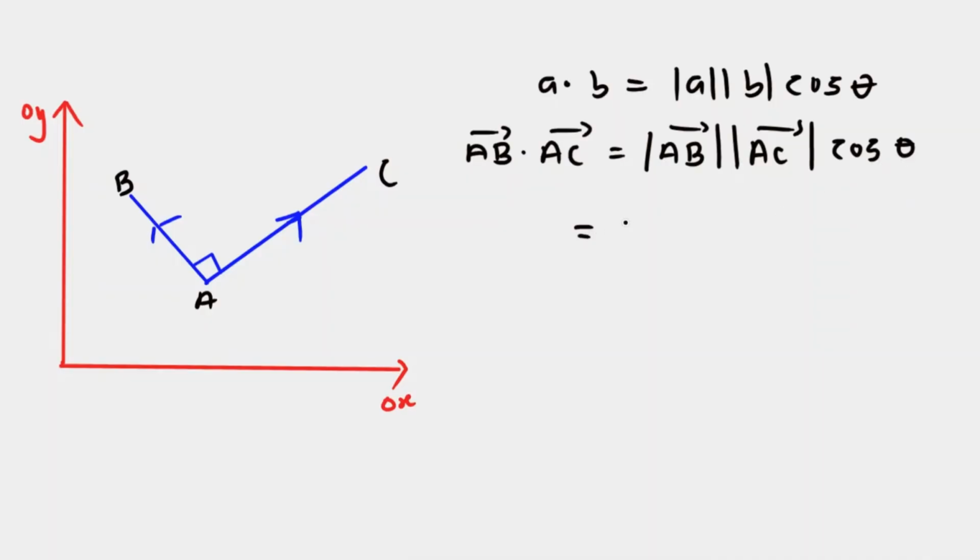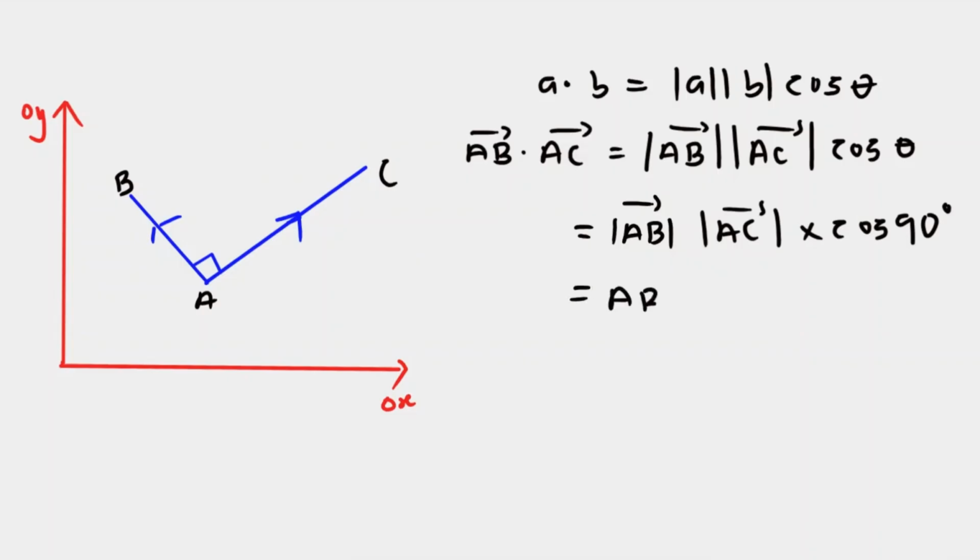So we are going to get the magnitude of vector AB times the magnitude of vector AC times cos 90 degrees. The reason is that the angle here is 90. You know that cos 90 is equal to 0. You can use a calculator to verify. So that means you're going to get the magnitude of vector AB times the magnitude of vector AC times 0. And obviously, we are going to get 0.